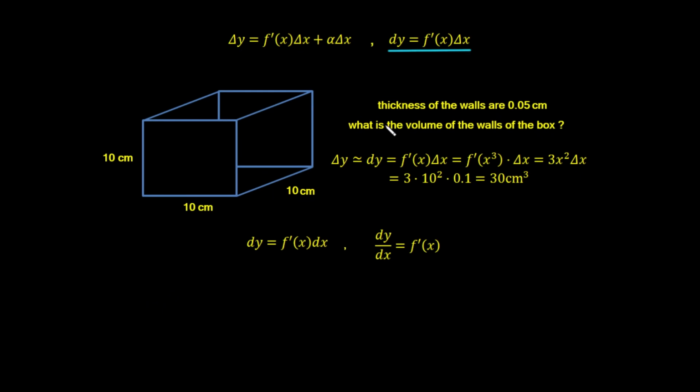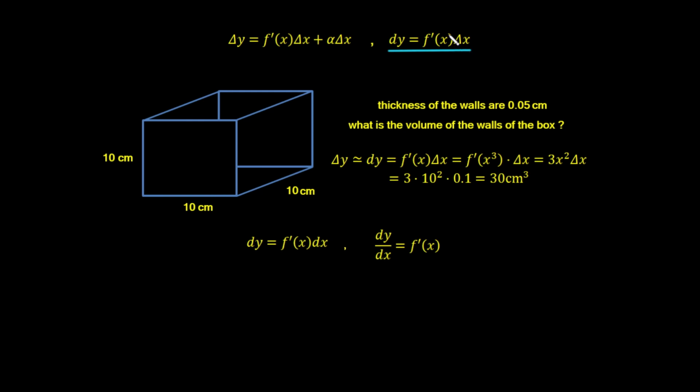Now there's one other important thing we want to cover before we finish. We talked about the differential here, dy equaling the derivative of f of x times the delta x. Now the dy has a finite magnitude and the delta x is a finite magnitude.